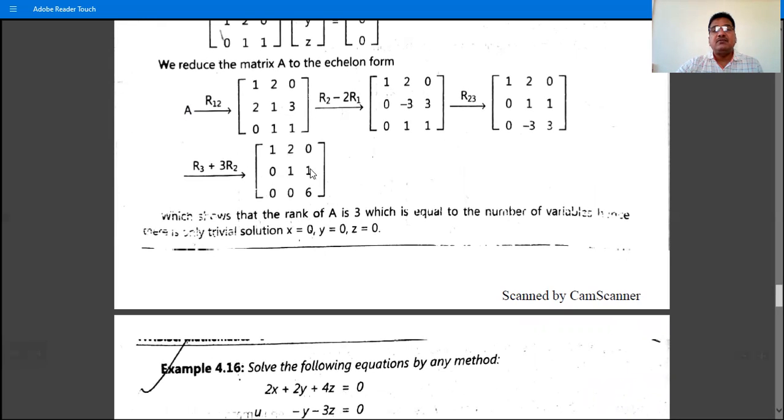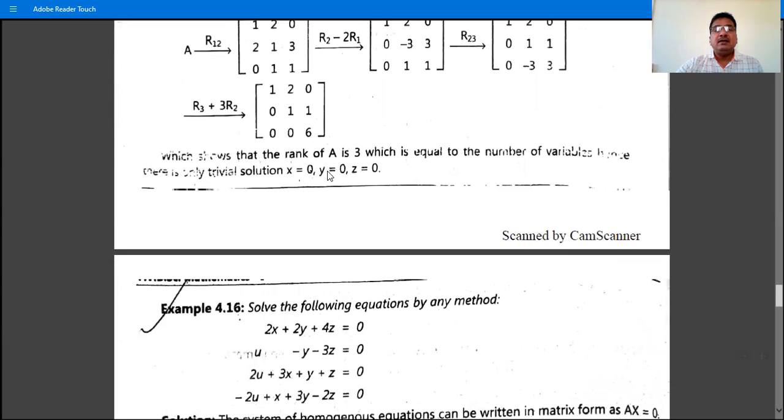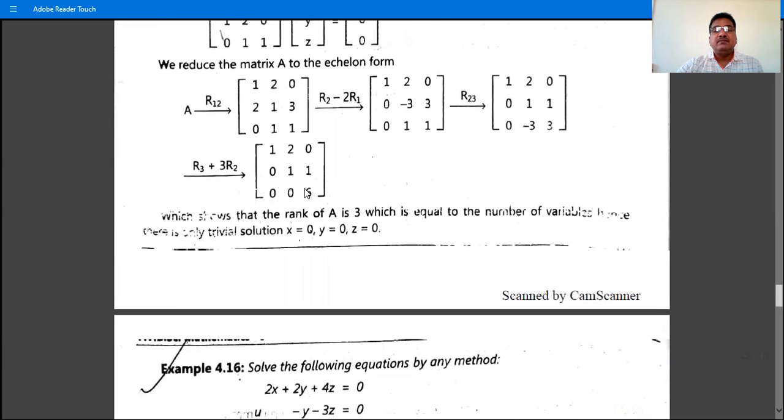So this is the echelon form, and then rewrite the equations. The last equation is 3z is equal to 0. The first equation is x plus 2y is equal to 0, then y plus z is equal to 0, and then 3z is equal to 0.